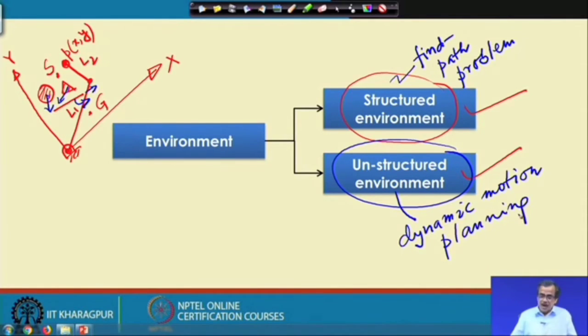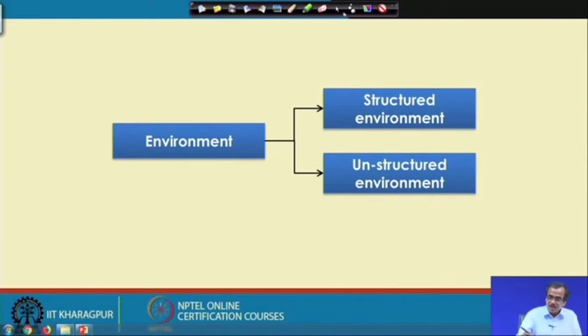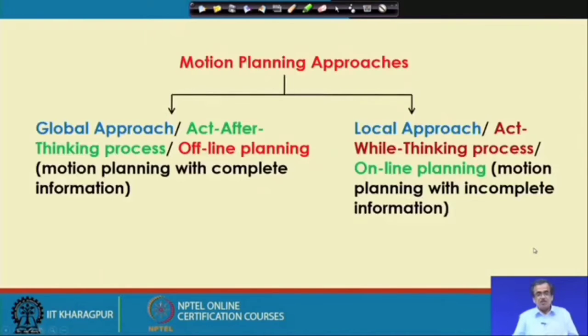Okay. So, I am just going to discuss how to tackle the find path problem and this type of dynamic motion planning problem. And I am just going to discuss the working principle of a few tools for motion planning, and with the help of some examples, I am going to explain.